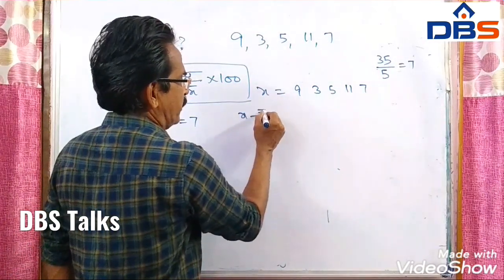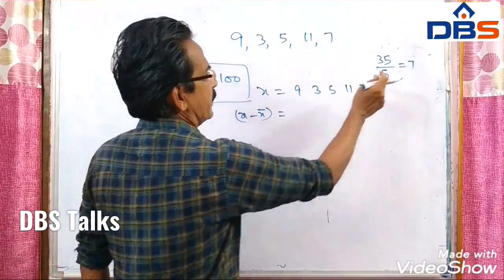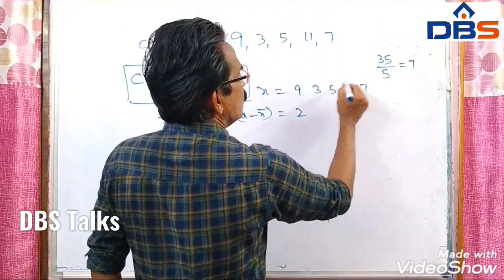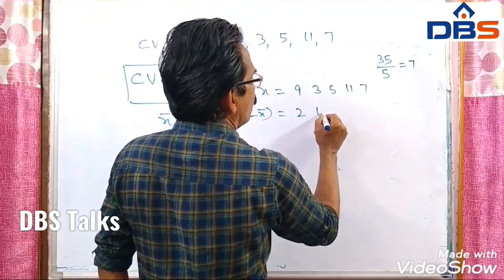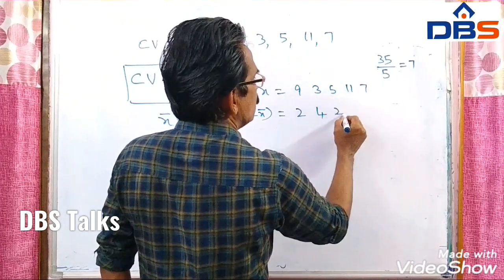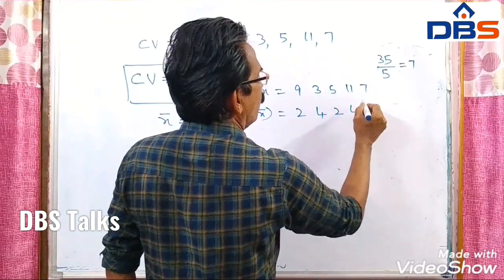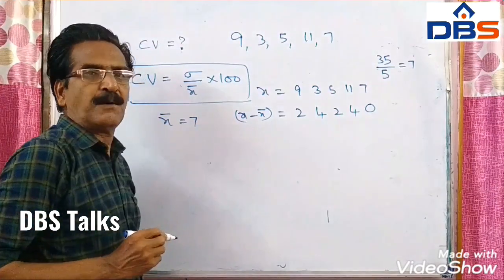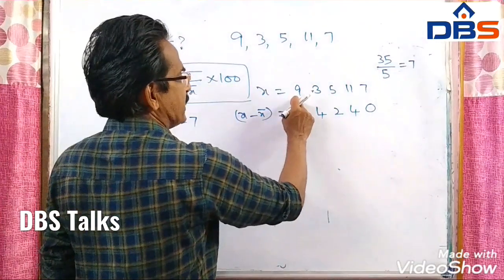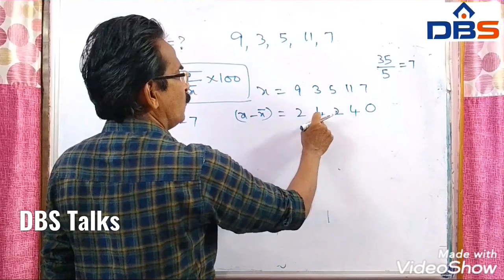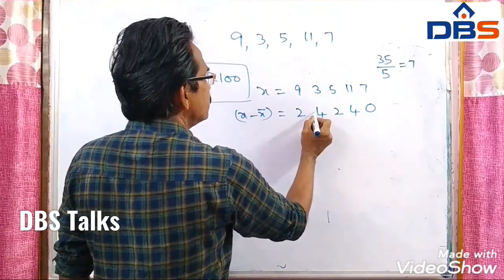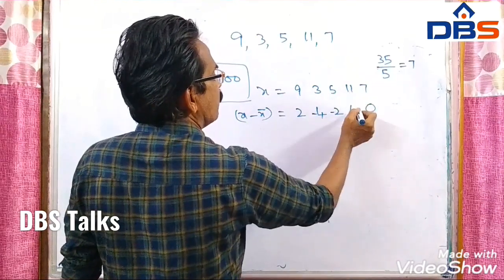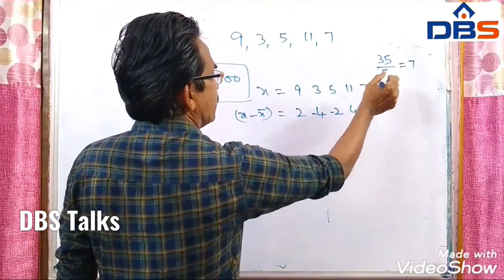X minus x bar values. X bar is 7. 7 and 9 difference 2. 3 and 7 difference 4. 5 and 7 difference 2. 11 and 7 difference 4. 7 and 7 difference 0.